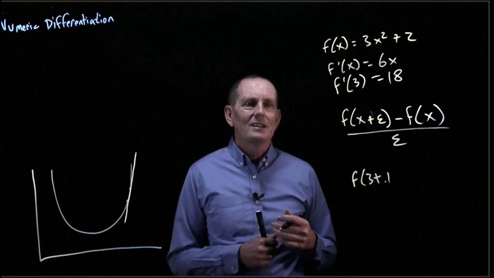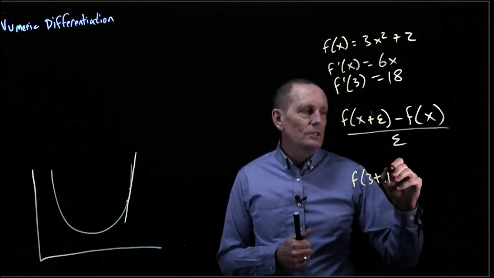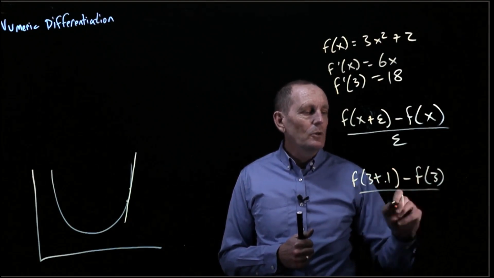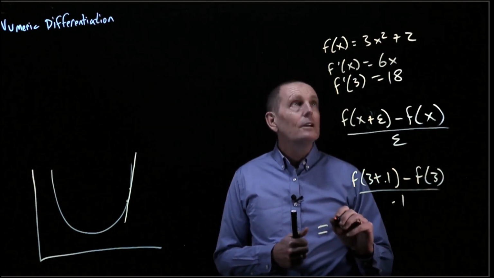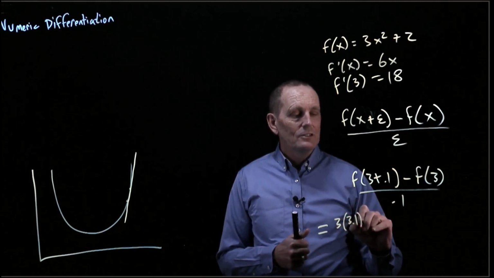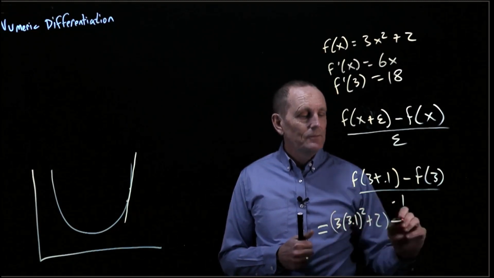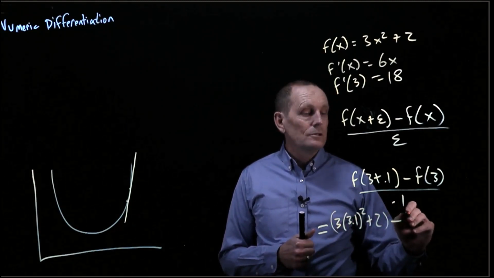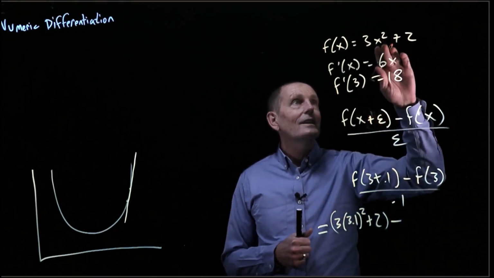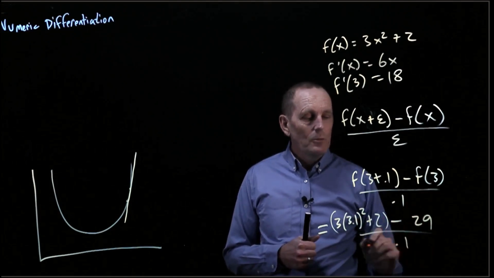Often you'll use very small epsilons, like 10 to the negative fifth or something, but let's just do this number because it may be easier to calculate. Minus f of 3, over 0.1. Well, what's that equal? That's equal to 3 times 3.1 squared plus 2 minus, so 3 squared is 9 times 3 is 27, a total of 29, and this is all over 0.1.